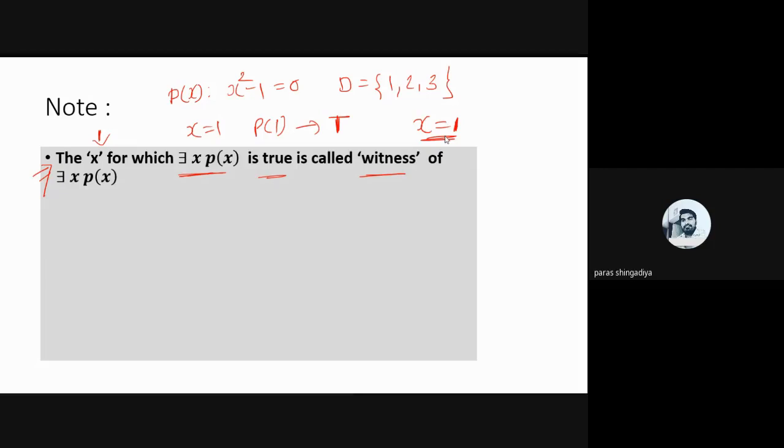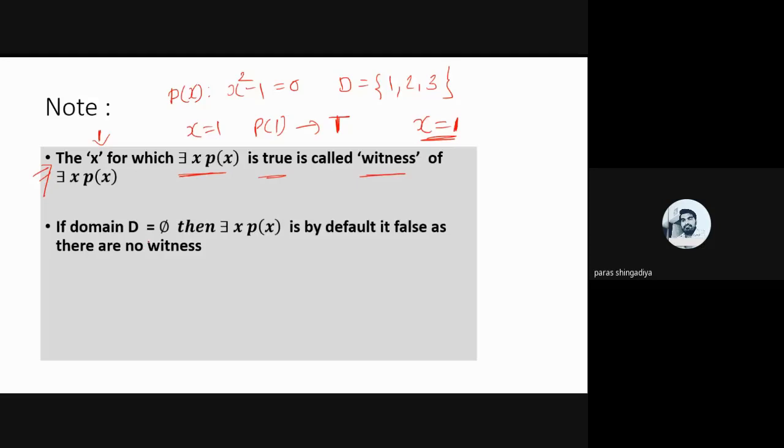Okay, and now for the empty set, D is equal to phi, a null set, there is no value in the domain, so there exists x P(x) by default will be false.